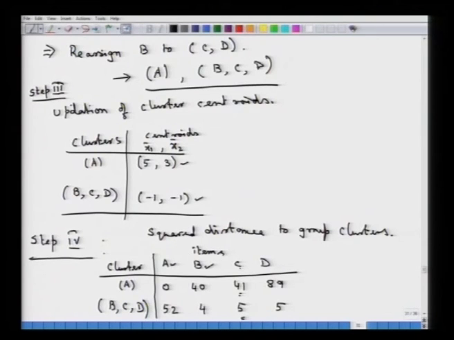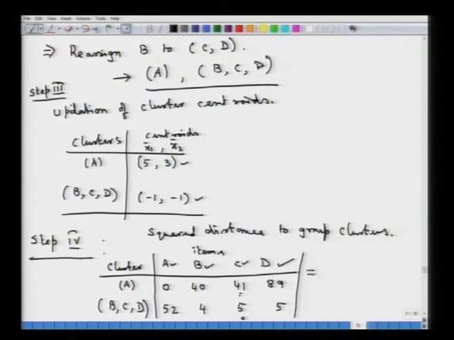Then we look at the item number C. C is closer to the cluster centroid which is having the points B, C, D than what it is to A, because this is smaller than this, and hence no reassignment is required for the item C. And also for D, we find that it is closer to this cluster centroid than to this cluster centroid, and hence no reassignment also for D is required.